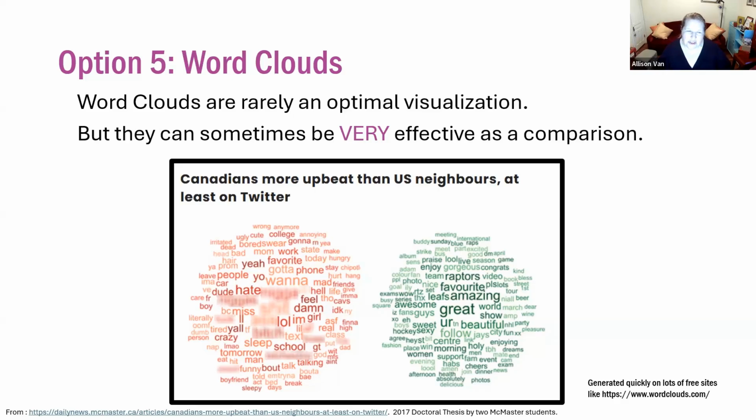But one of the things to really pay attention to is that when you have a heading that makes a definitive statement about what is important within the data, so Canadians more upbeat than US neighbors, at least on Twitter, then people are going to hone in on the words that had to be bleeped out because they weren't appropriate, things like great and amazing.